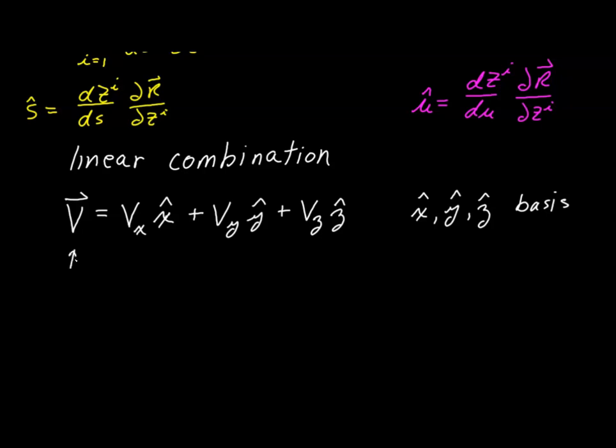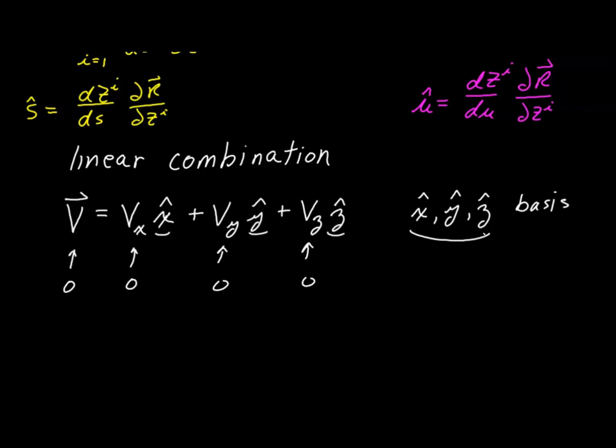In this case, the only way to create a vector of length 0 is to set each of the individual components of the vector equal to 0 as well. Since that is the case, then x hat, y hat, and z hat are linearly independent, and thus they constitute a valid basis.